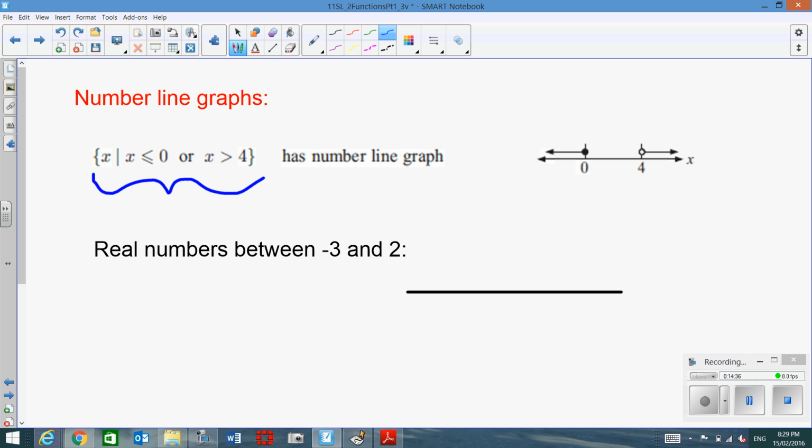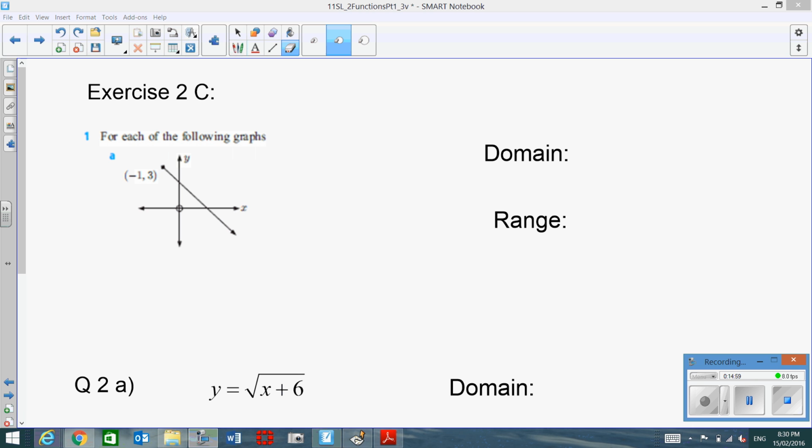If we have points, we'll use a solid dot. If we're not including values, we sometimes will use a dotted line for your asymptotes, just like you used an open circle for your number line. If you say the word between, we're not including. So -3 to 2. If I have all numbers between -3 and 2, I'm not including those two values, but I am including everything between them.